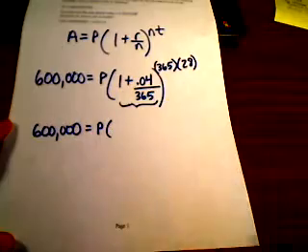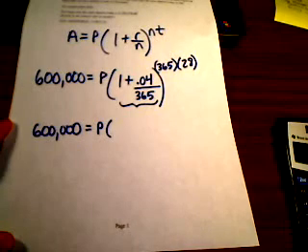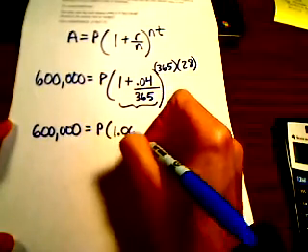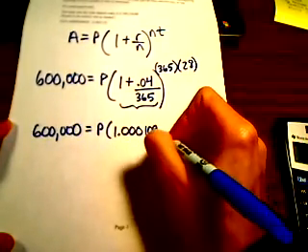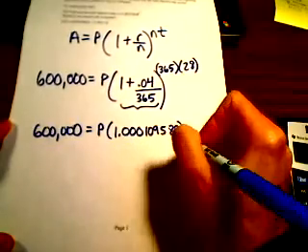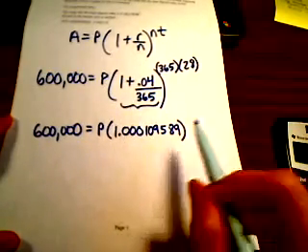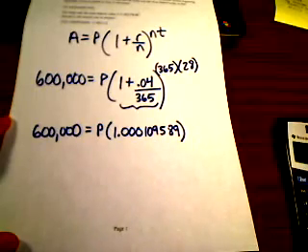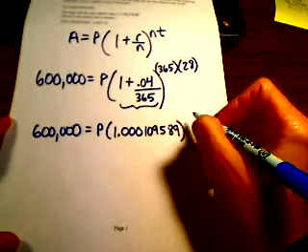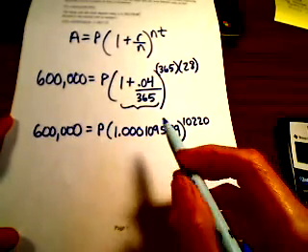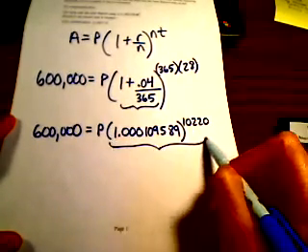So we have 1 plus, and you need to take the 0.04 divided by 365 and then add 1, and I'm just going to write it all out so you can follow along with me and make sure that you have these values. Okay, so this is going to become that, and you have this raised to the 365 times 28 power, that's 10,220. Okay, so now what we want to do is we want to do this next.